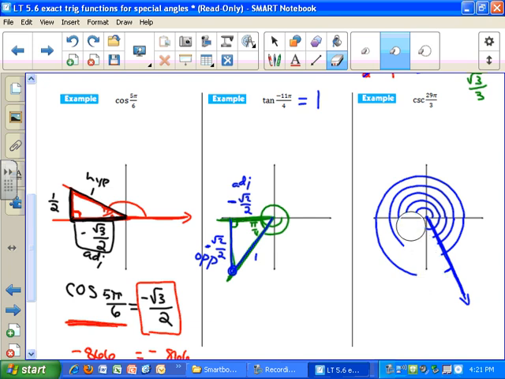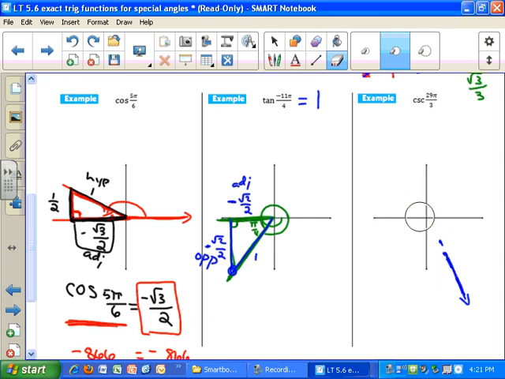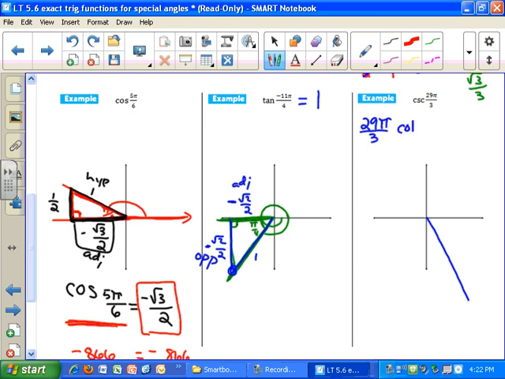And it might be simpler if you found out that the coterminal side was just 5 pi over 3. So you could say 29 pi over 3 is coterminal with 5 pi over 3. And then you can just graph that one. Okay. So there's my terminal side.